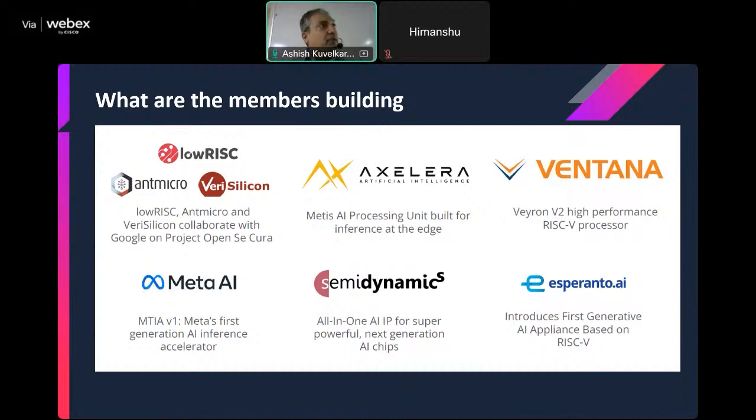They are also doing an inference engine based on a RISC-V core from somebody, and then eventually trying to push that up to even make it a training engine for AI ML workloads.